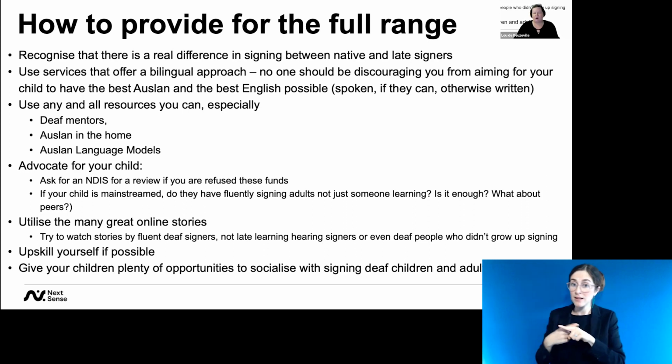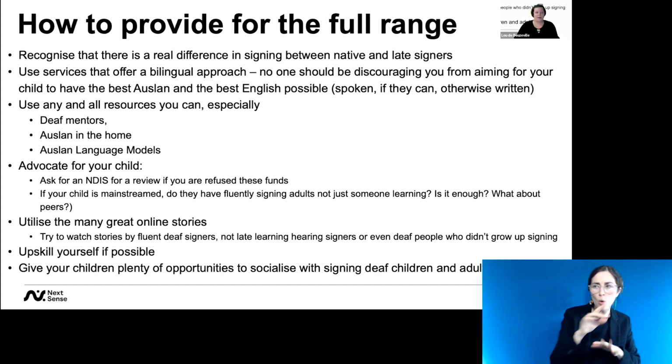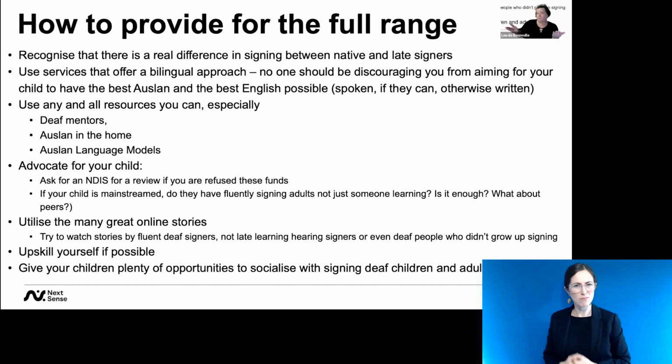I hear often from parents that NDIS says no, you pick one or the other, which is ridiculous. You either have speech or you have Auslan in the home. And if they don't learn to speak, so do we just not give any child the option of learning to speak because we've got to have the Auslan in the home? It's ludicrous. So you're going to have to be ready to advocate and fight, ask for a review.